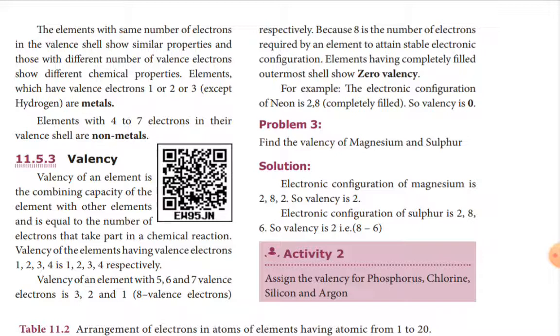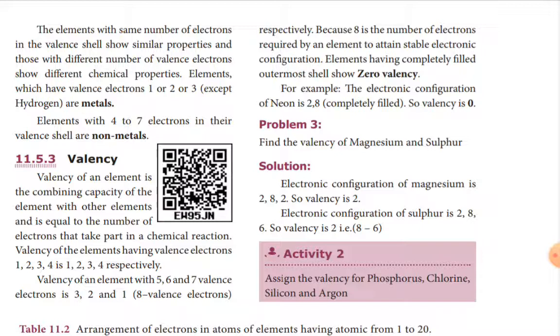Normally the noble gases, rare gases or inert gases, in the last column of the periodic table, except helium, possess 8 electrons in the outermost shell. That's why they are called inert gases. When an atom has 8 electrons, it is in a stable structure and inactive in nature.